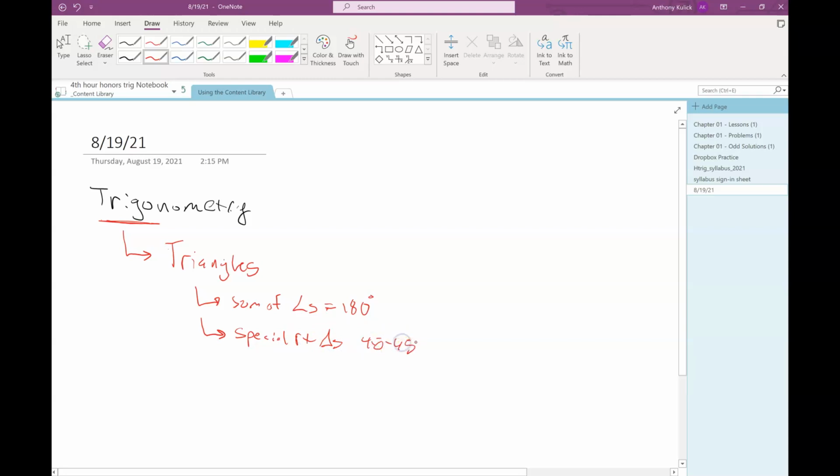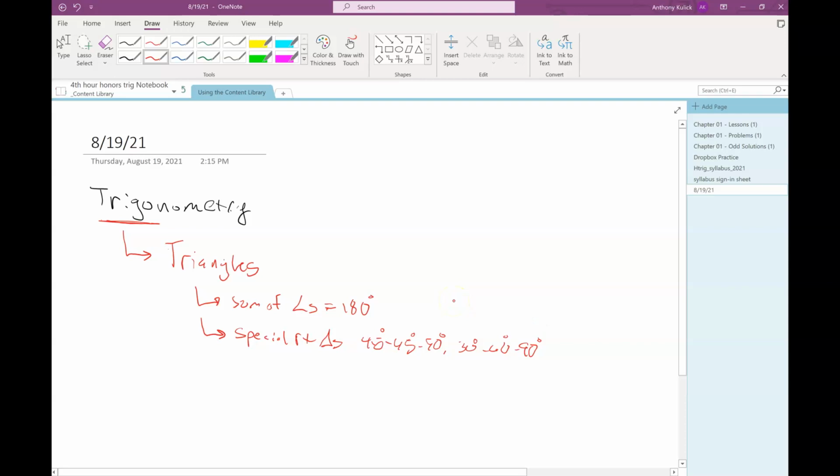Yeah, 30, 60, 90, and 45, 45, 90 are the two special right triangles. Good.